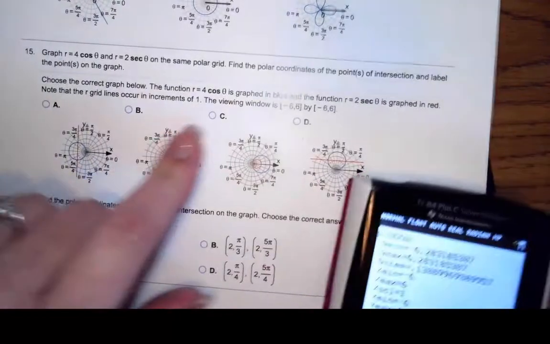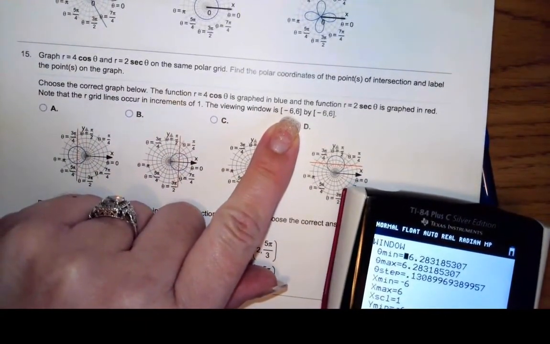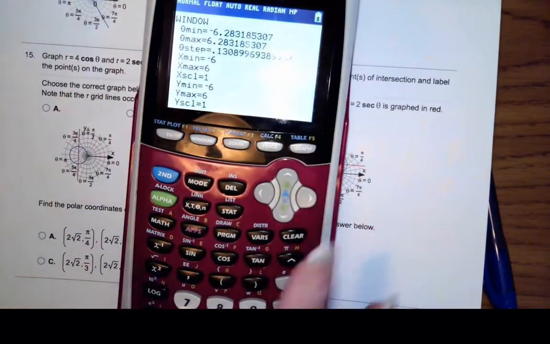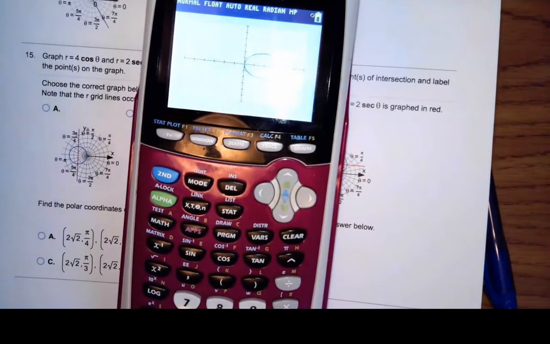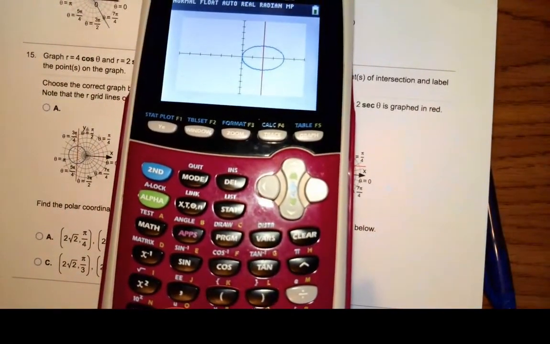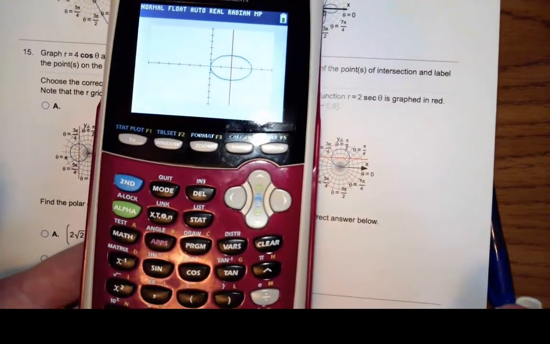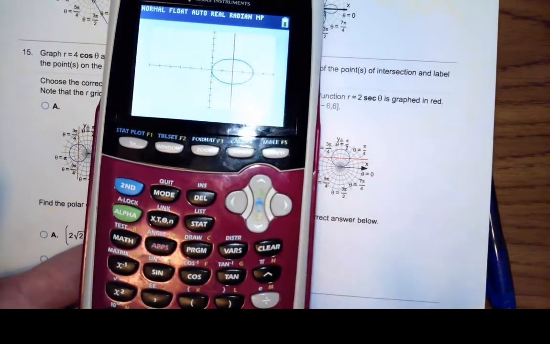My window, I am told to change my viewing window from negative 6 to 6, which I actually already did a while ago. So when I graph these things, look at this pretty picture. I have a circle to the side, and then I've got a vertical line going vertically. I know that I'm to the right of the line theta equals pi over 2, which is to the right of the y-axis.